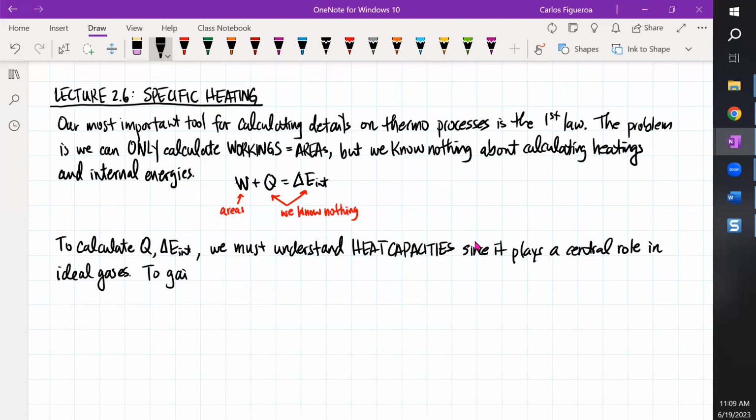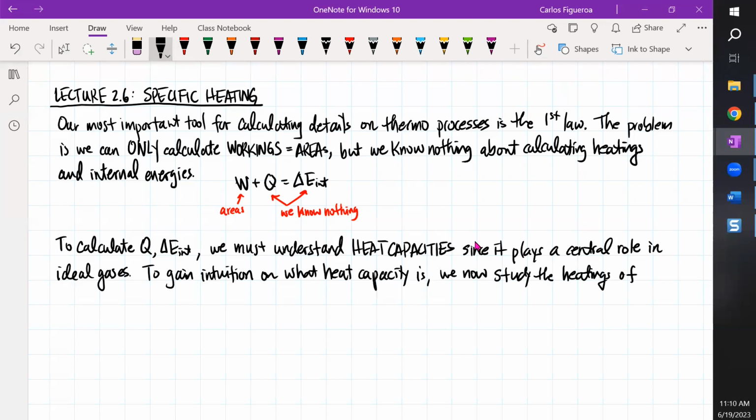To gain intuition on what heat capacity is, we now study the heatings of liquids and solids, not ideal gases.